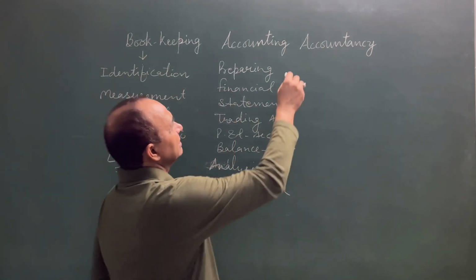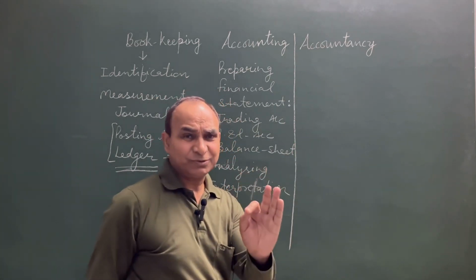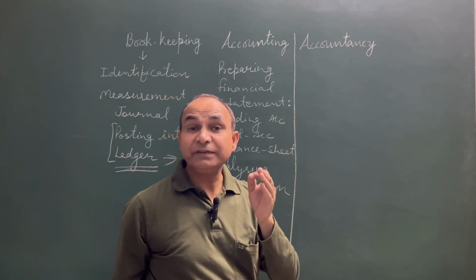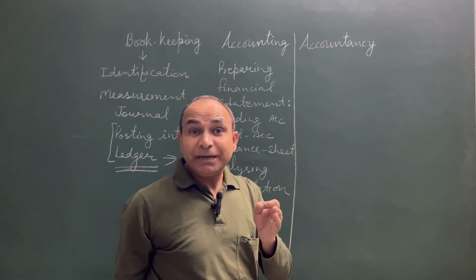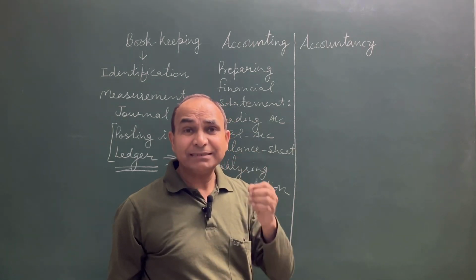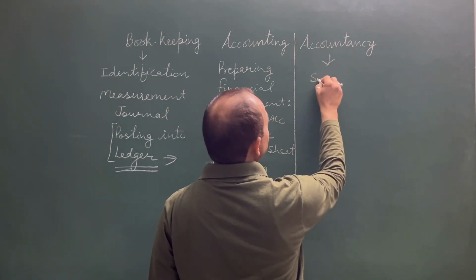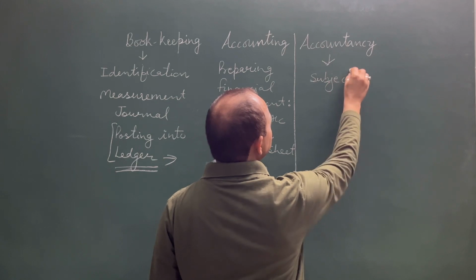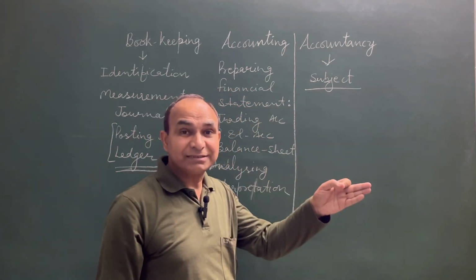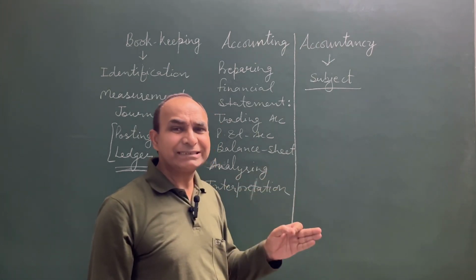Now comes to accountancy. In simple terms, students, you must understand accountancy is a field of knowledge, independent field of knowledge. And as a layman, in simple words, you can understand it is a subject. Very simple term, it is a subject. It is independent field of knowledge which has its own principles, own techniques.